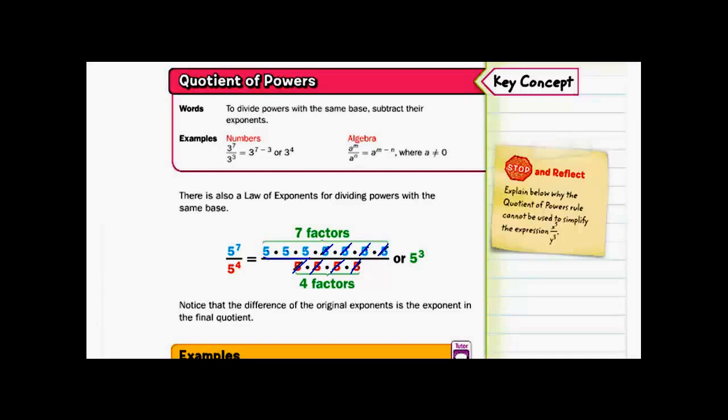You have 3 fives left. That is where 5 cubed comes from. So I could have simply got that from 5 to the 7th divided by 5 to the 4th. I could subtract my exponents. Let's look at some examples here.